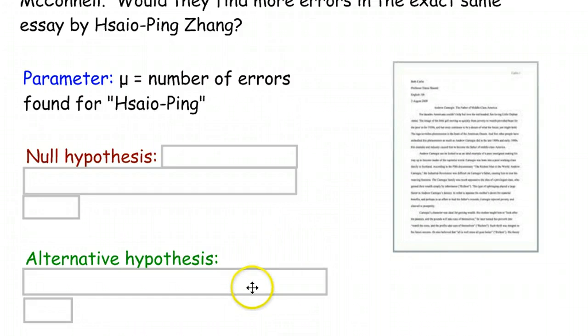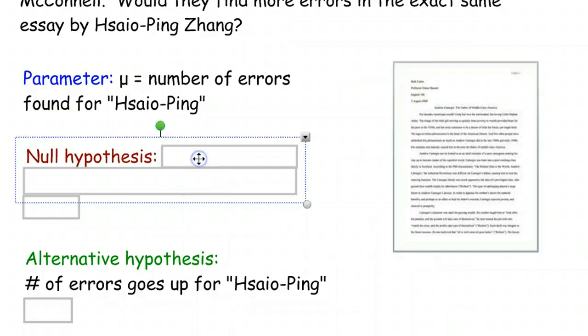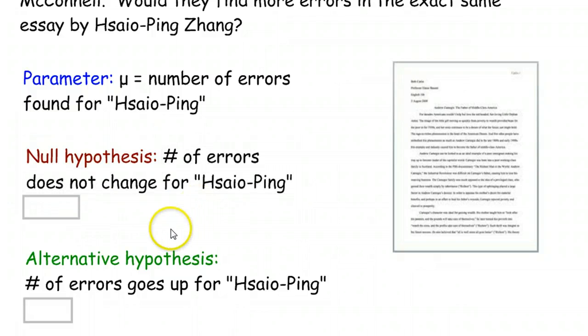So let's jump to our alternative. We're assuming that somehow having a more foreign sounding name is going to lead people to find more errors. So the number of errors goes up. And thus, the null would be that the number of errors does not change.